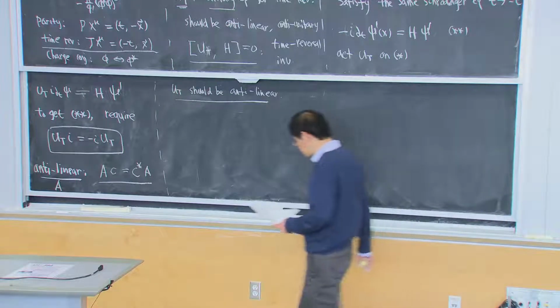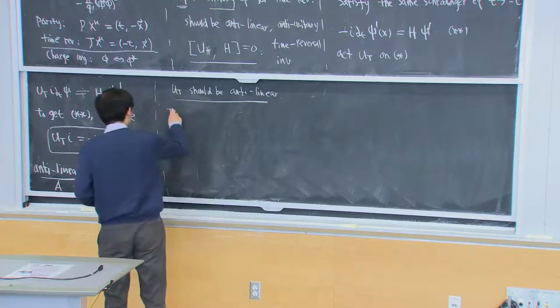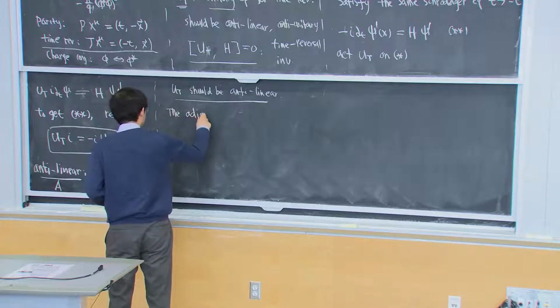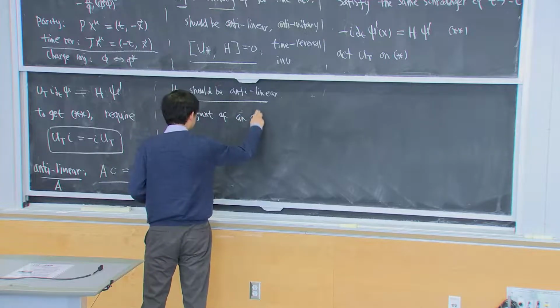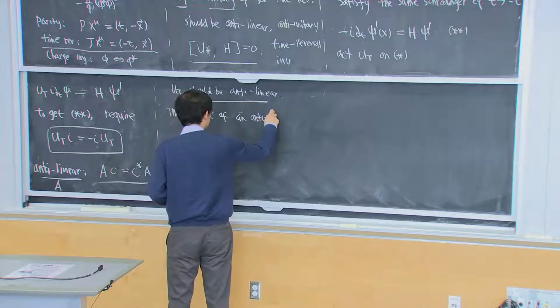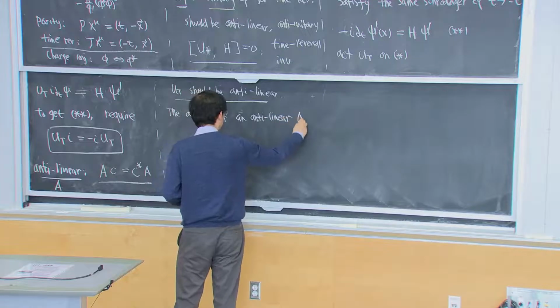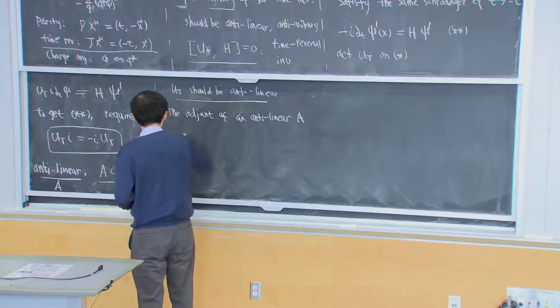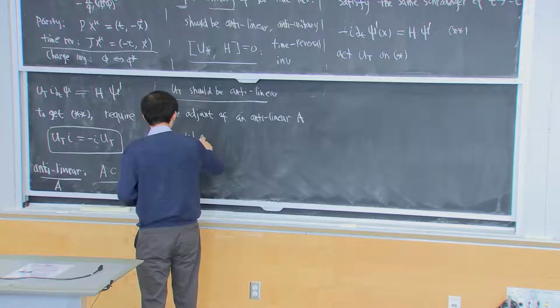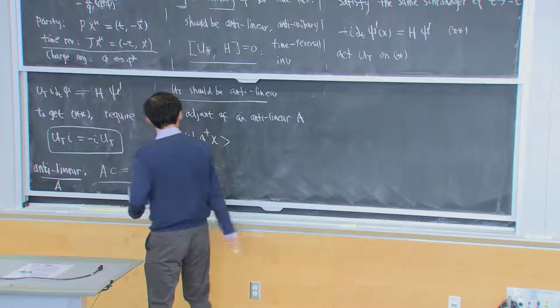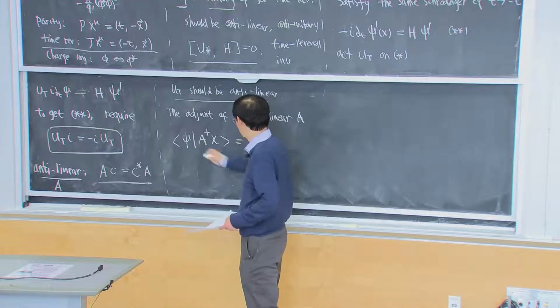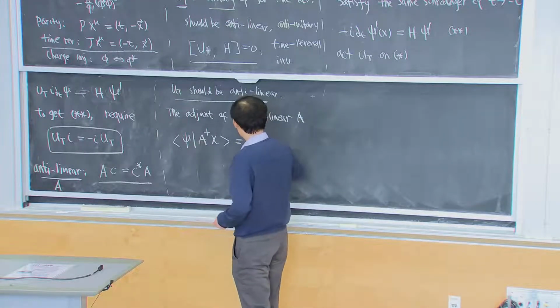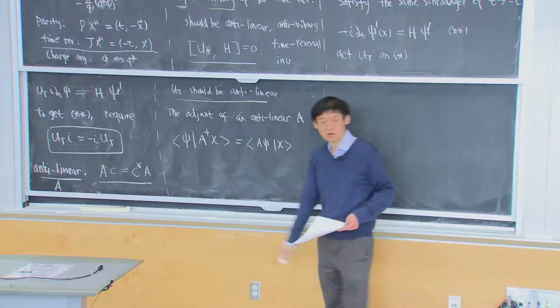For an ordinary linear operator A, the definition of the adjoint is that psi, A dagger chi is equal to A psi, chi. This is the standard definition.